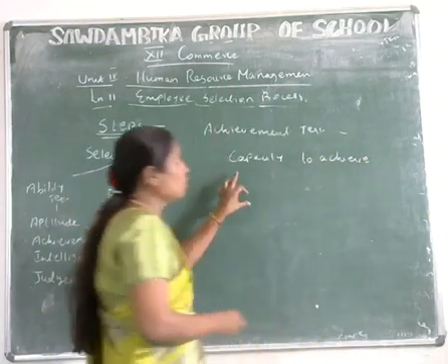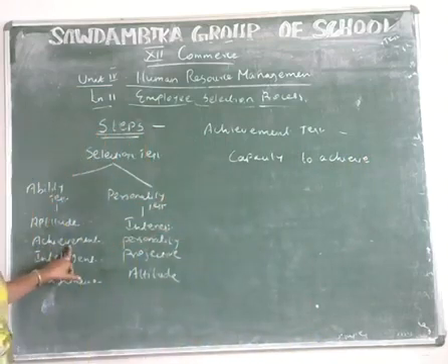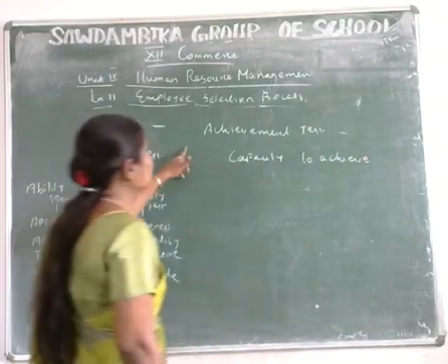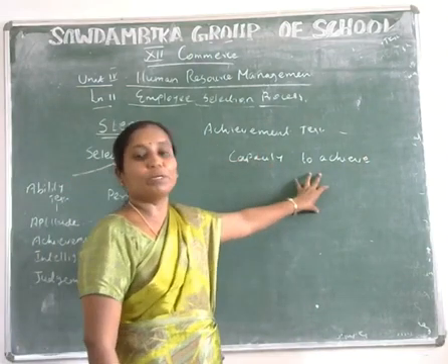The second type of test is the achievement test. So the achievement test measures a candidate's capacity to achieve in a particular field.